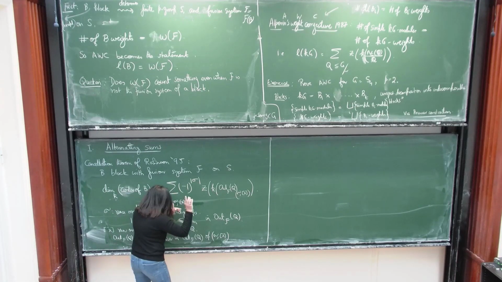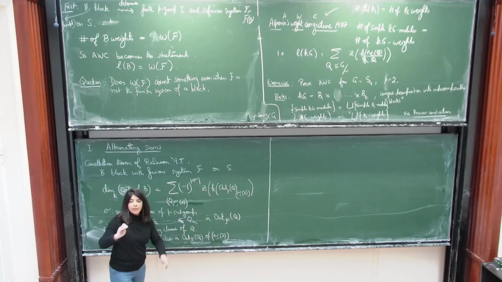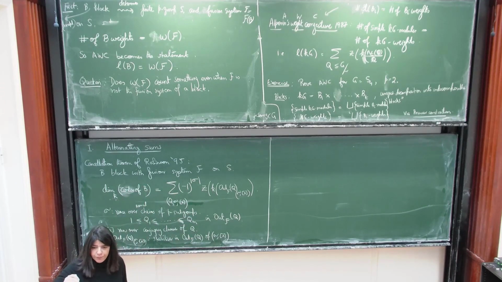Because Out_F(Q) is N_G(Q) mod QC_G(Q), its Sylow subgroup is going to be N_S(Q), for suitable Q chosen fully normalized. So eventually you are doing chains in subquotients of the Sylow subgroup. So you're right.